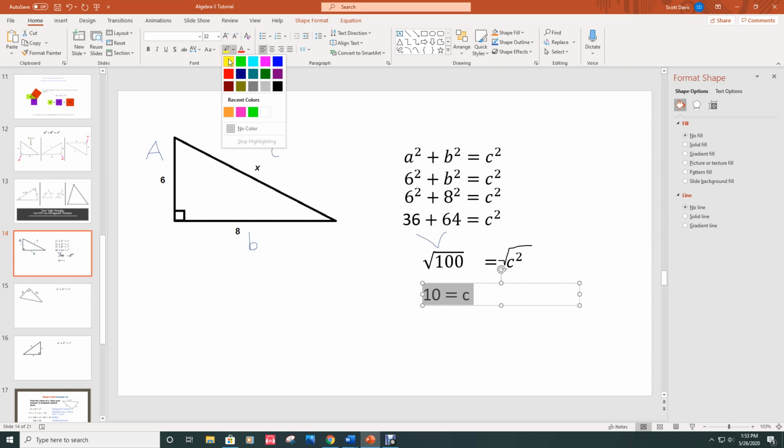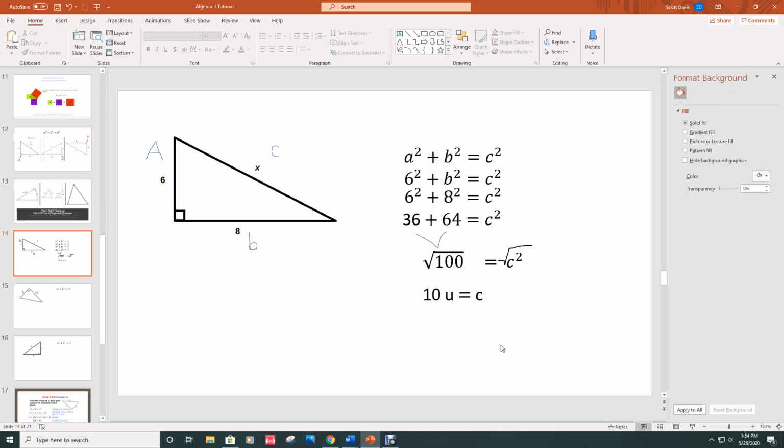Now, also remember, I don't remember if I put this on the video before or not, but if you are not offered any unit of measurement, you want to go ahead and have a unit of measurement there. It didn't tell us if it was centimeters, inches, miles, so pick a unit. You would just say units. c equals 10 units.